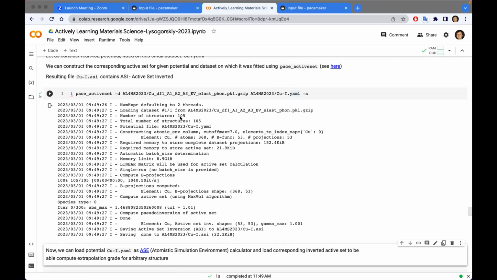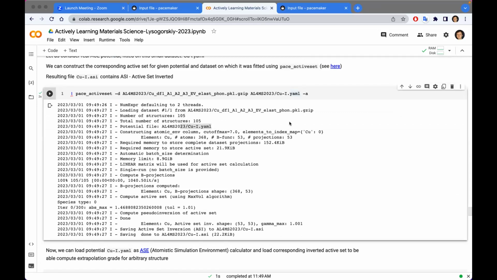It's okay, 1 of 5 structures, our potential. Actually, it has 53 functions only, so 368 atoms in total. It just checks how much memory it would use. On this virtual machine, we have 9 GB of memory, so it will fit and do it all in one shot.